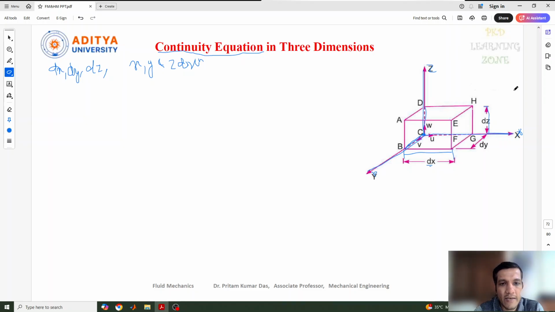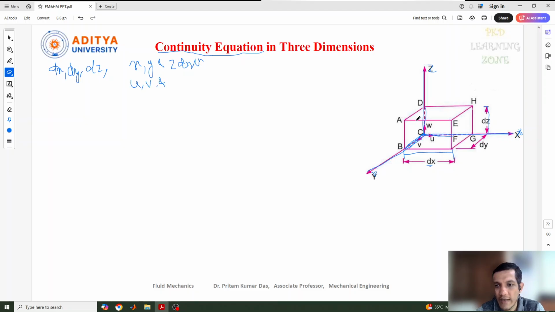Now similarly, we can consider the velocity, the inlet velocity, of this fluid in the x, y and z directions. This is the x direction, and the velocity for this is u. For the y direction, the velocity is v.